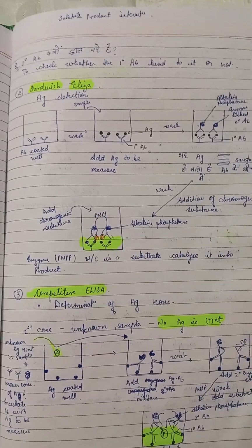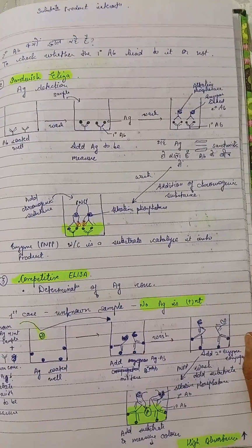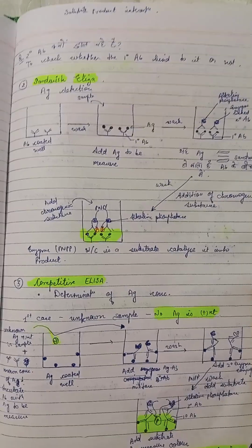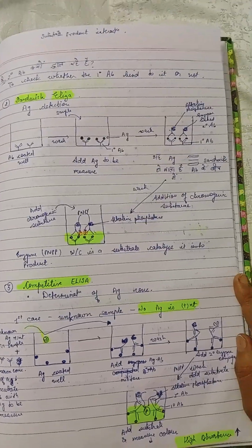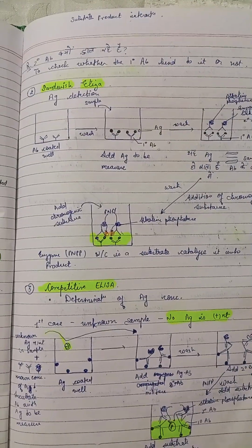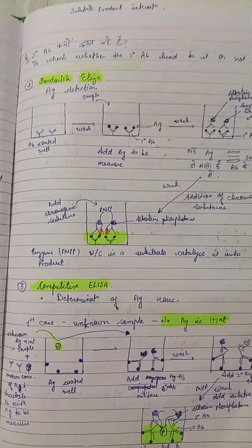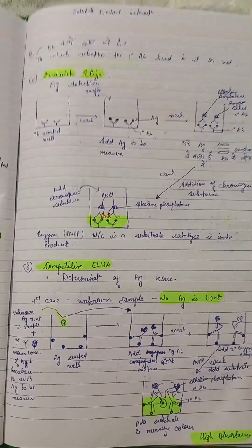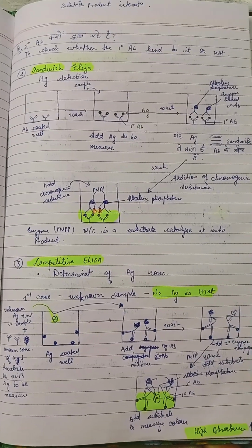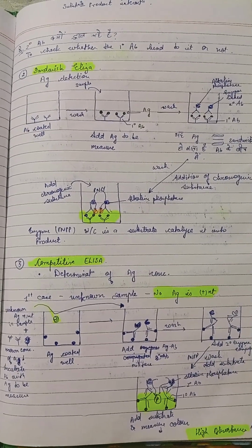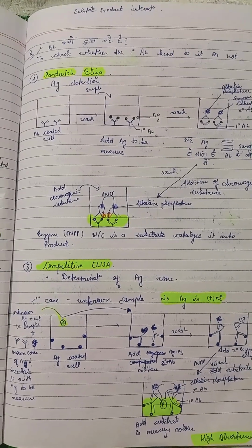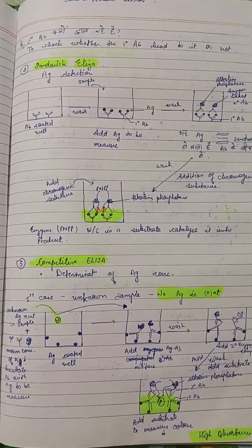As a result, the absorbance of the color can give you the concentration of the antigen. So indirect ELISA is used for antibody, and sandwich ELISA is the one in which you coat the well with antibody. Competitive ELISA uses an antigen-coated well and is for determination of antigen concentration. In one case you use an unknown sample that has no antigen.